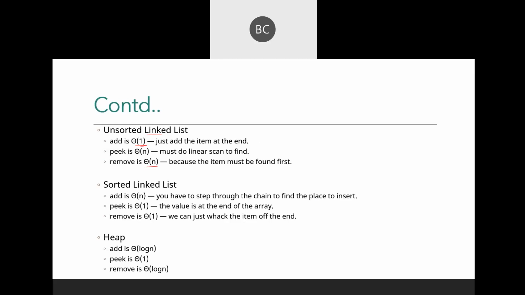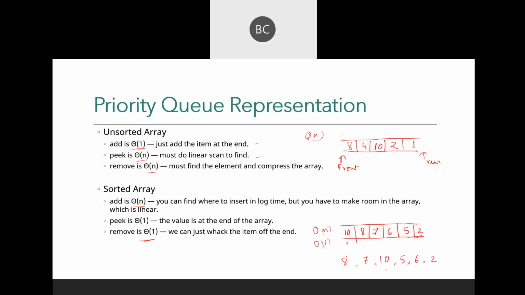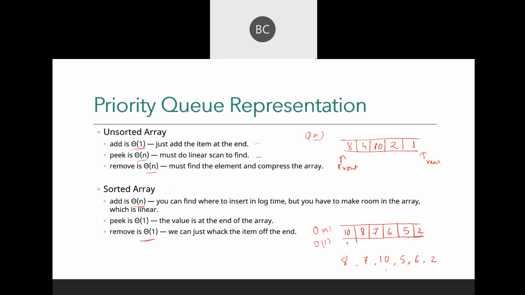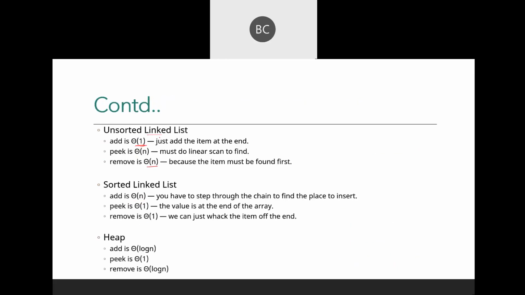It is similar to your array. Unsorted array also, adding O(1), unsorted linked list also O(1), and removing is O(n). And sorted array, adding an item O(n), removing O(1), and here also sorted, adding O(n) and removing O(1).